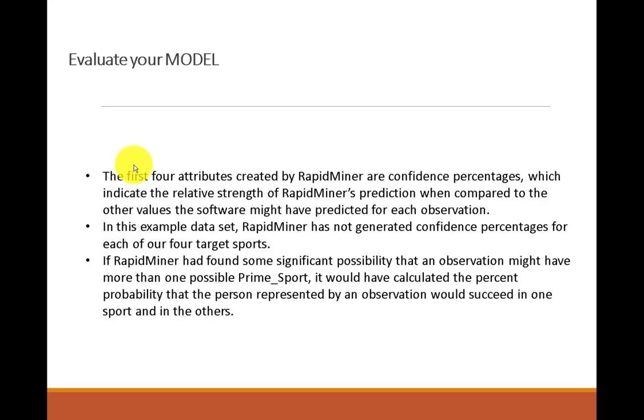That's amazing. The power of RapidMiner is that it can predict how likely it is that you are giving the right recommendation to a student to focus on a specific sport. That's really impressive, very impressive.